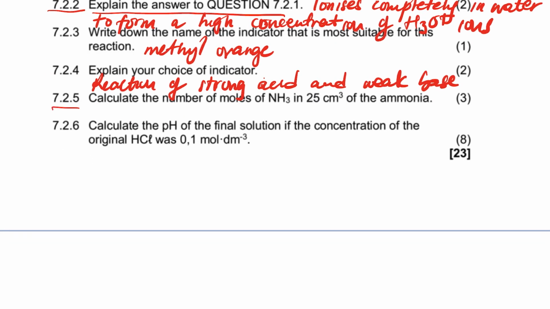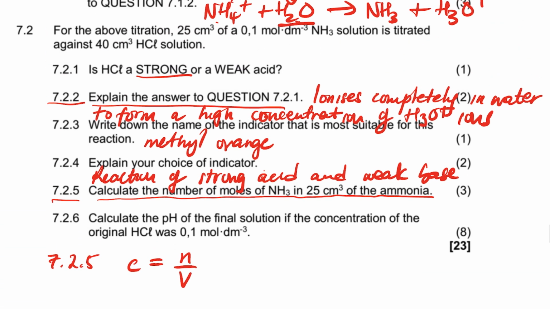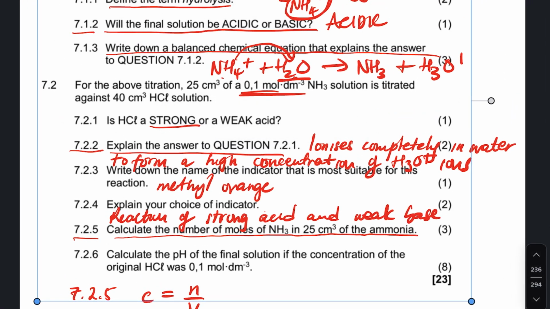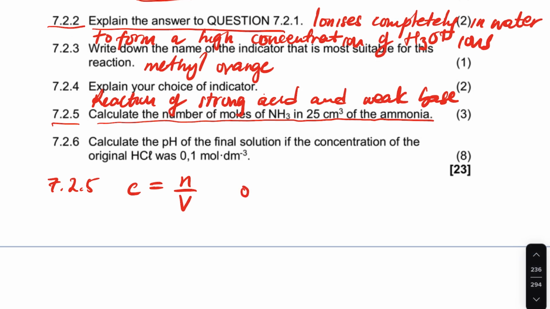Now, it says calculate the number of moles of ammonia in 25 cm3. So in 7.2.5, we wanted the number of moles of ammonia. So for the number of moles of ammonia, we use the formula that says C is equal to n over V. We substitute the concentration of ammonia, which is 0.1, and we want the number of moles.